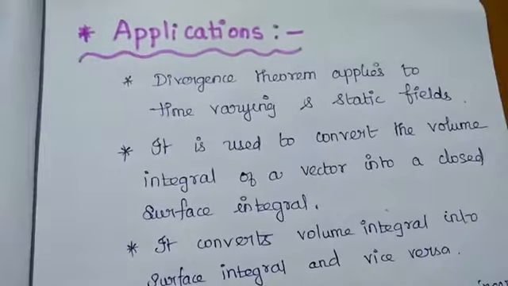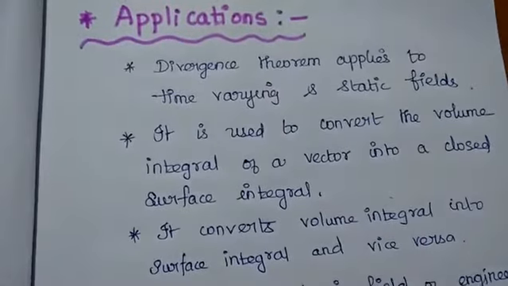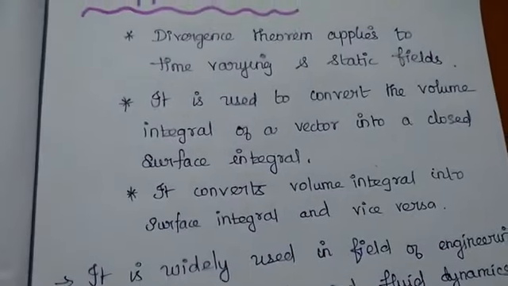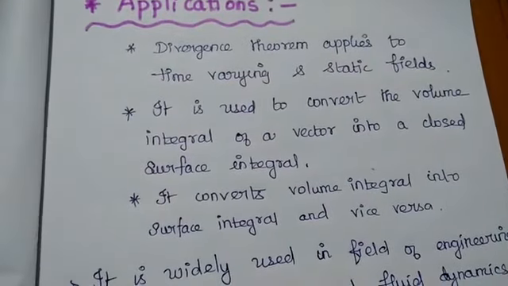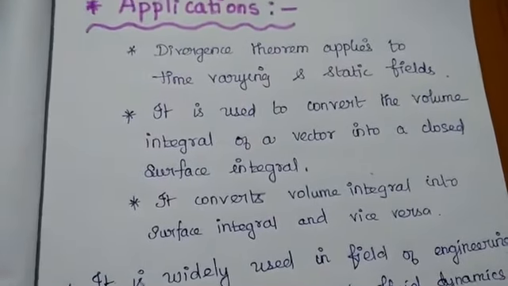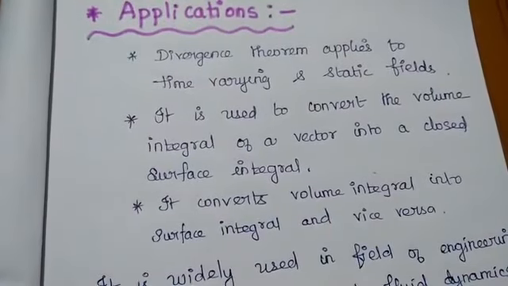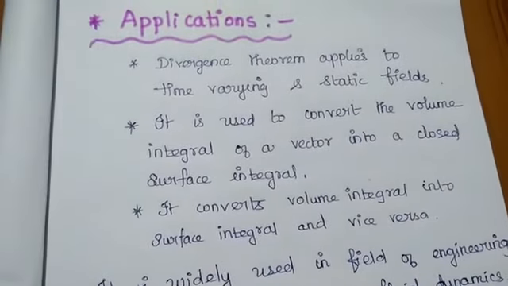Next, applications of the divergence theorem. The divergence theorem applies to time varying and static fields. It is mainly used to convert the volume integral of a vector into a closed surface integral. It relates both the volume integral and the surface integral, so we can easily convert from volume to surface or surface to volume.